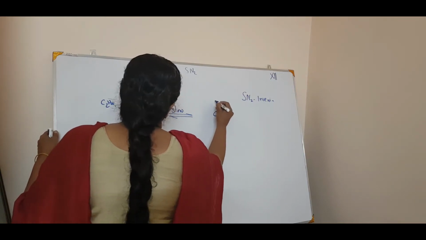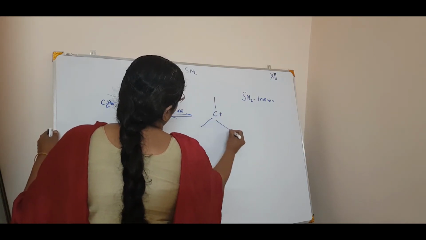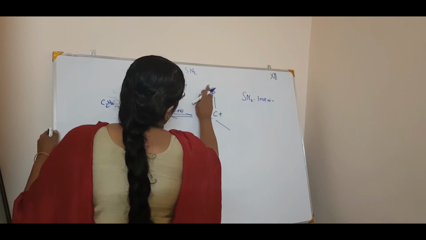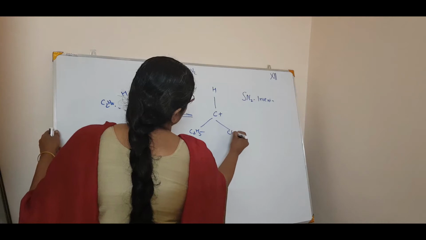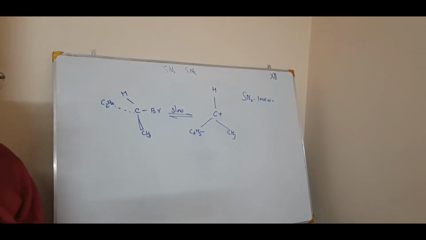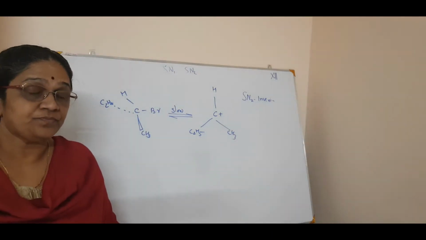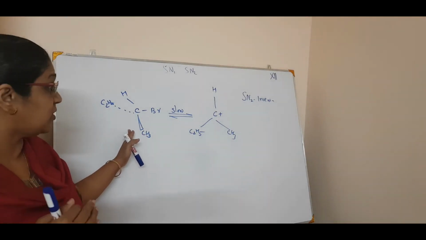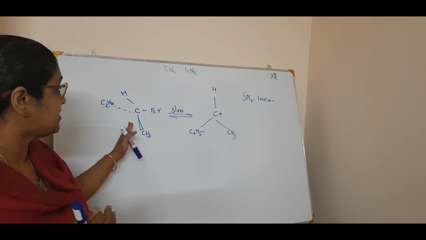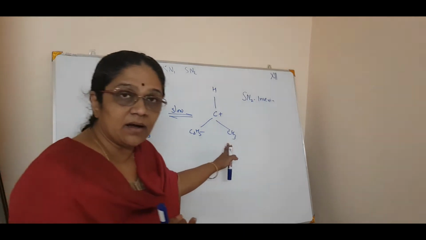A carbocation. Here will be H, then C2H5 and CH3. See? The shape will change from tetrahedral to planar.